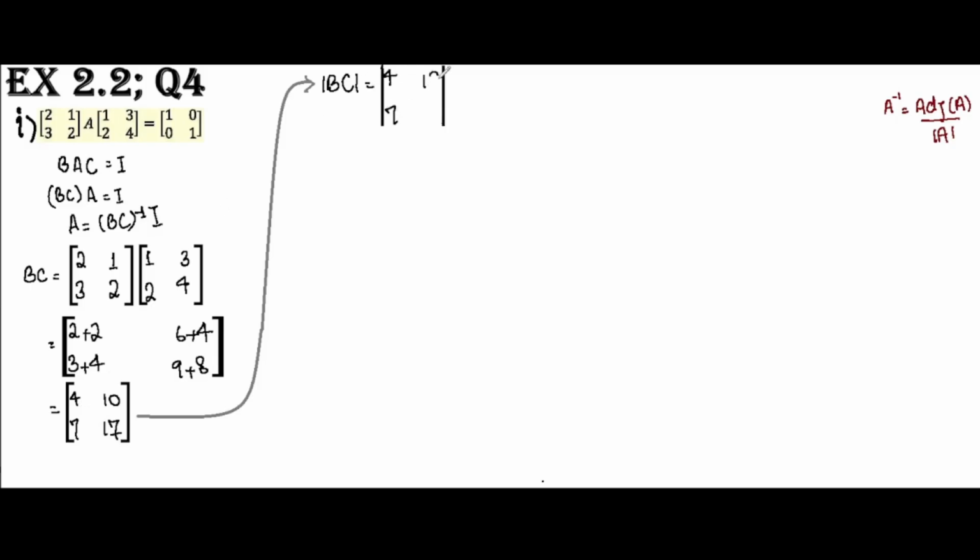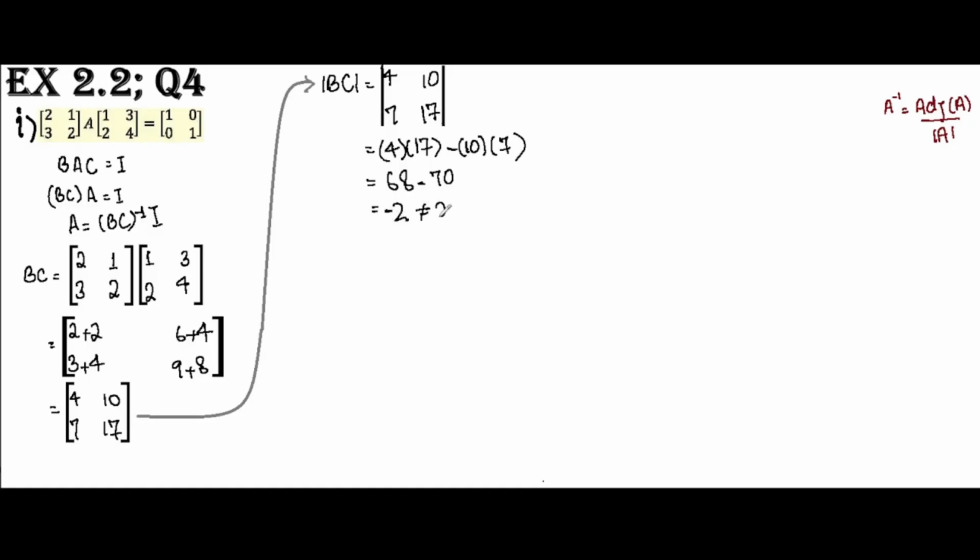It is equal to diagonals multiplied together, so 4 into 17, minus non-diagonals multiplied together, 10 into 7. So 4 into 17 gives us 68, and minus 10 into 7 gives us 70, and so the answer is minus 2. Therefore, this determinant is non-singular.